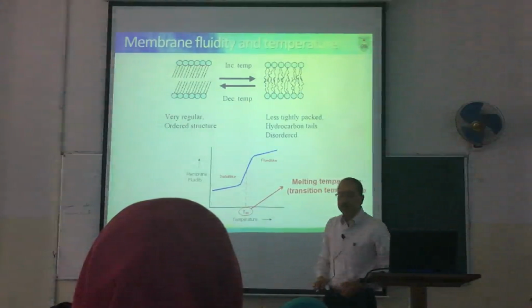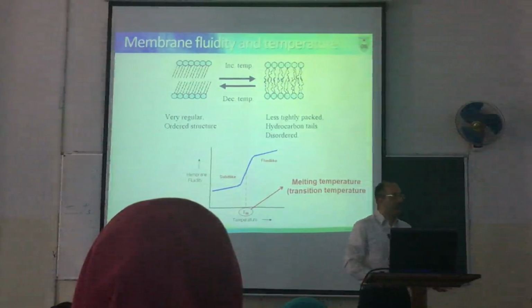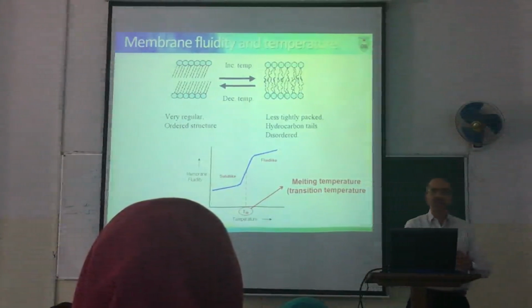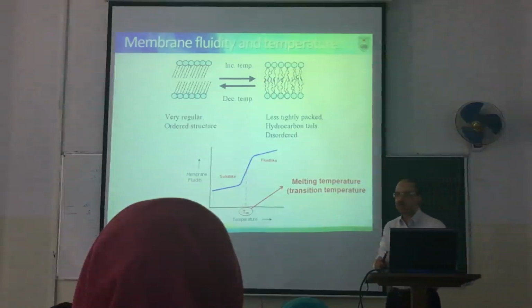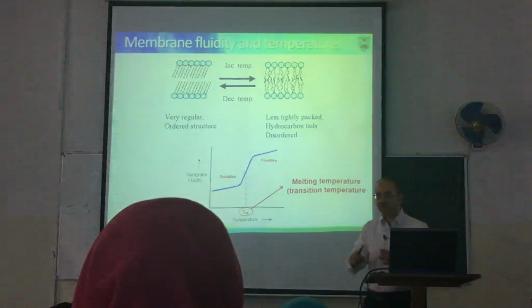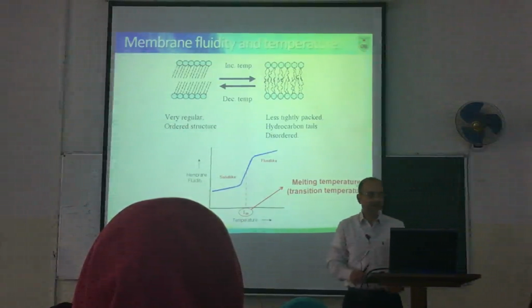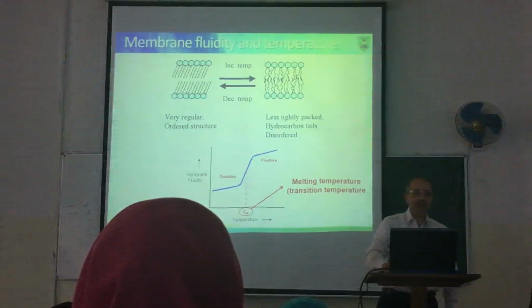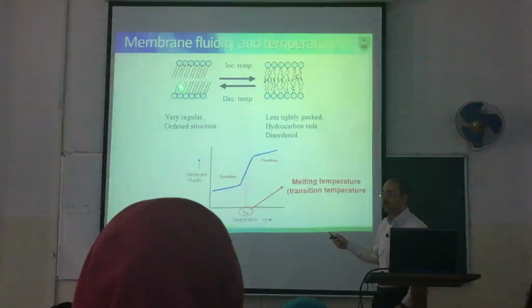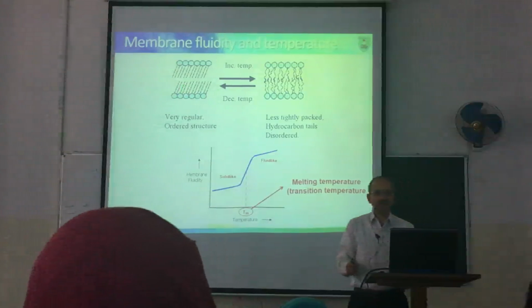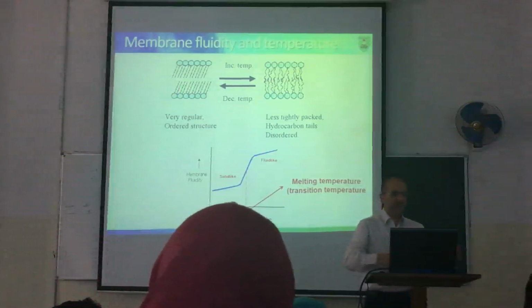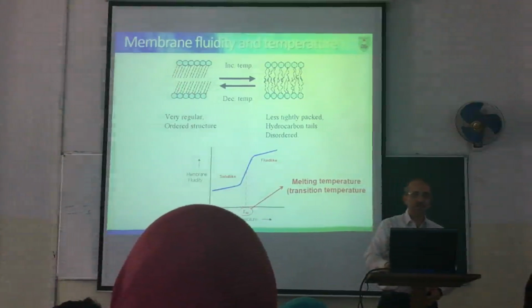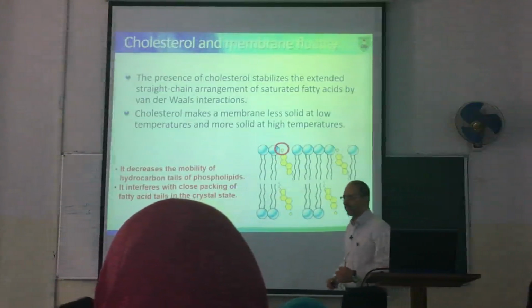Now, if it becomes highly fluidic, the membrane's stability is compromised. The membrane is not highly stable. لكن if it is highly packed, the membrane is not dynamic. The signaling من برا لجوا السيل will be compromised. Okay.